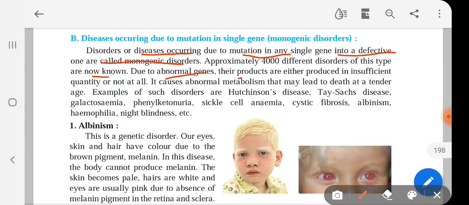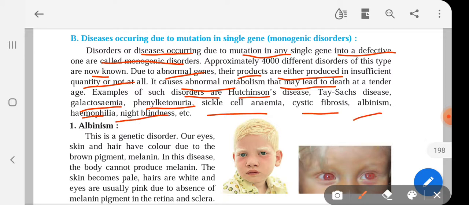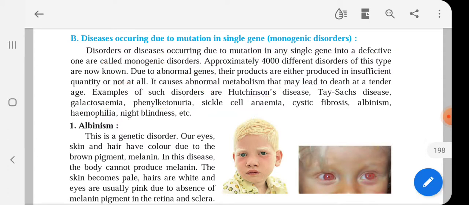Due to abnormal genes, their products are either produced in insufficient quantity or not at all. It causes abnormal metabolism that may lead to death at a tender age. Examples of such disorders are Hutchinson's disease, Tay-Sachs disease, galactosemia, phenylketonuria, sickle cell anemia, cystic fibrosis, albinism, hemophilia, night blindness, etc. So these all are monogenic disorders.